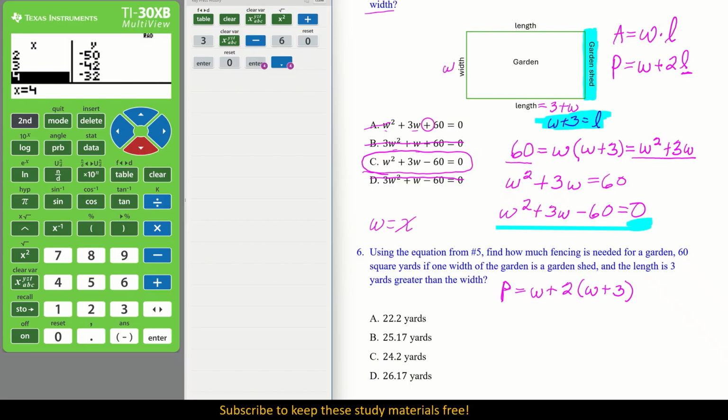And it's quadratic, so we could have positive and negative values. Looks like we went from negative 6 to 10, so we're somewhere between 6 and 7 for the W value. So the width, and we need the width right now.